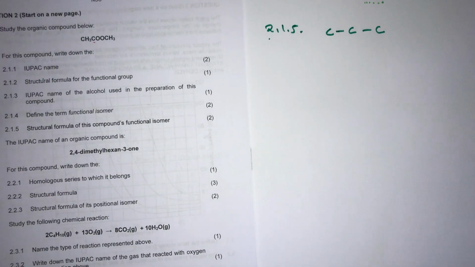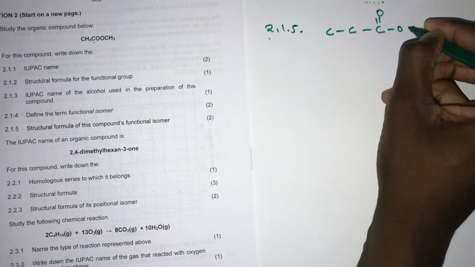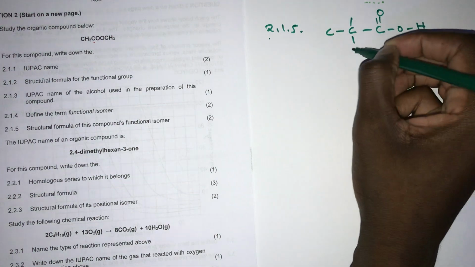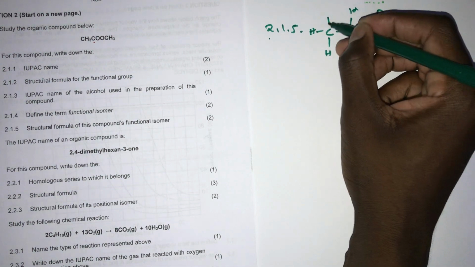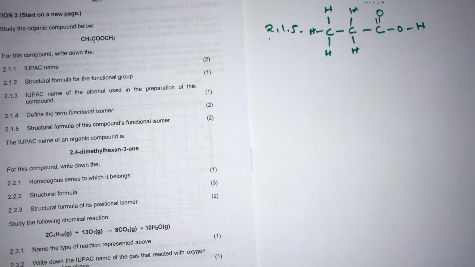So we take this one and put it here, and now it becomes an acid. It was an ester before, now it becomes an acid. So this is our new structure now. This is the functional isomer of the first structure. So remember, they have the same molecular formula.